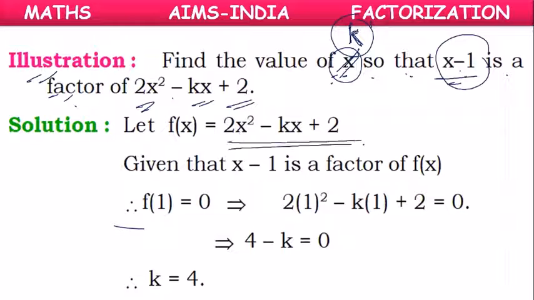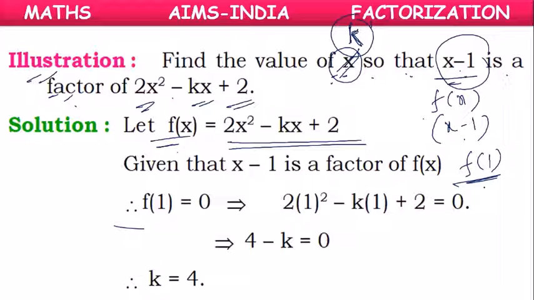Let us assume the given expression as f of x. For f of x, x minus 1 is a factor. So according to the remainder theorem, f of 1 is a factor. If it is a factor, it completely divides.